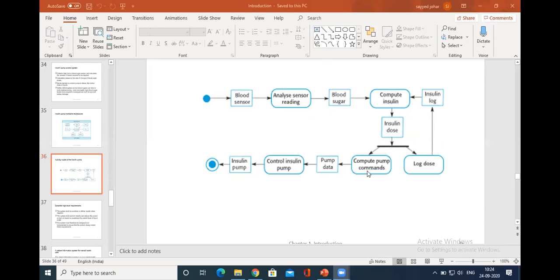Then you compute the pump commands. The flow from pump data to the insulin pump is the target where the major target of embedded computing systems is achieved.